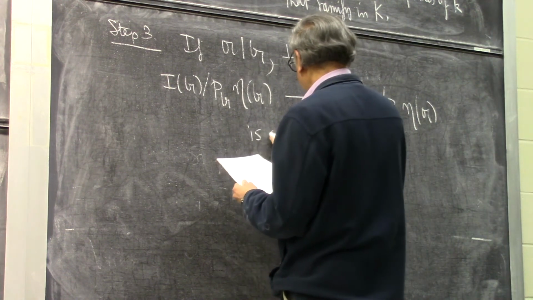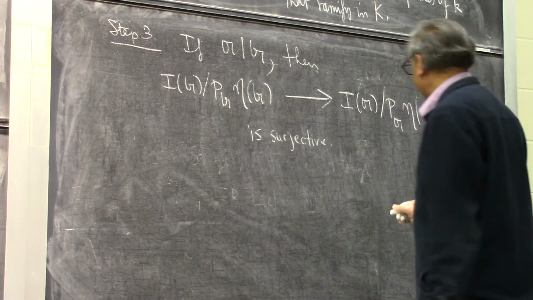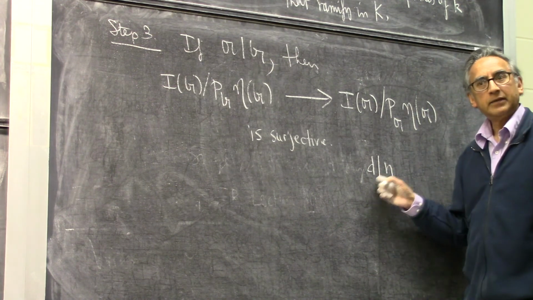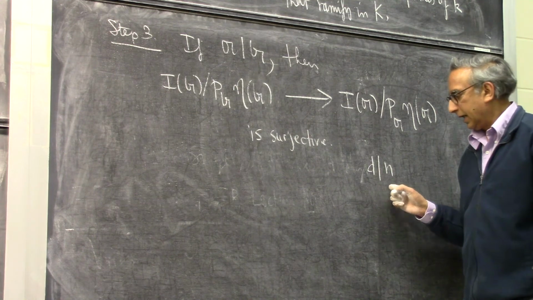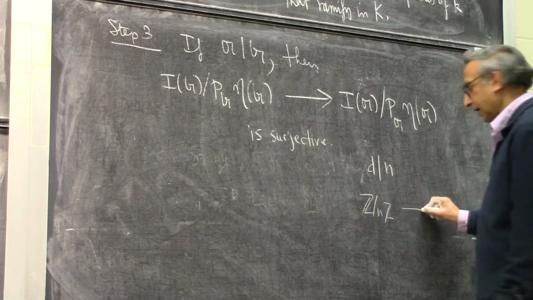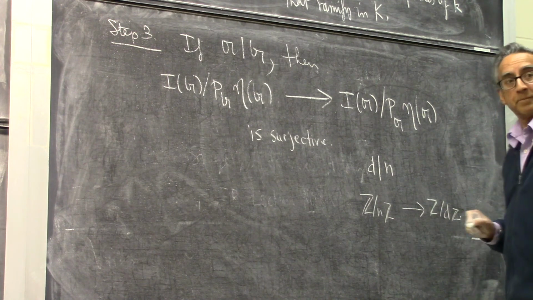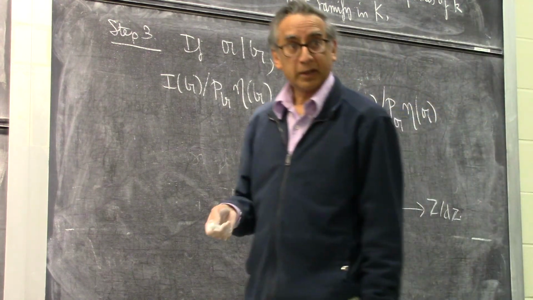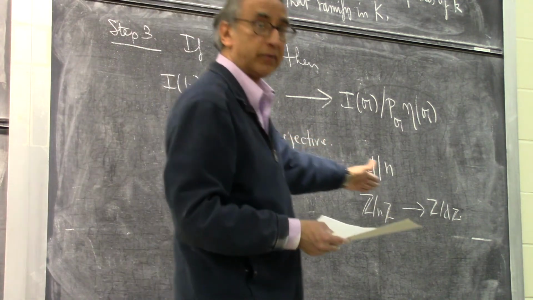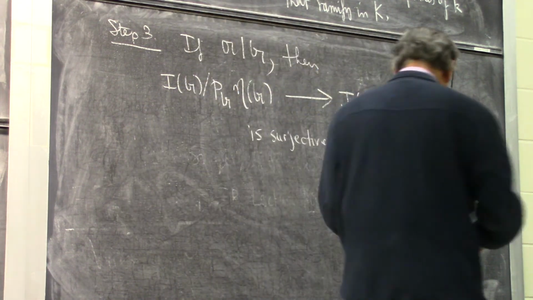So this is saying the following: in elementary number theory, if you have a divisor D dividing n, and I have residue classes modulo n, I can reduce them modulo D. So you take a residue class modulo n, D is a divisor of n, and that's a surjective map. So the residue classes modulo D lift to residue classes modulo n. So this is a surjective map.